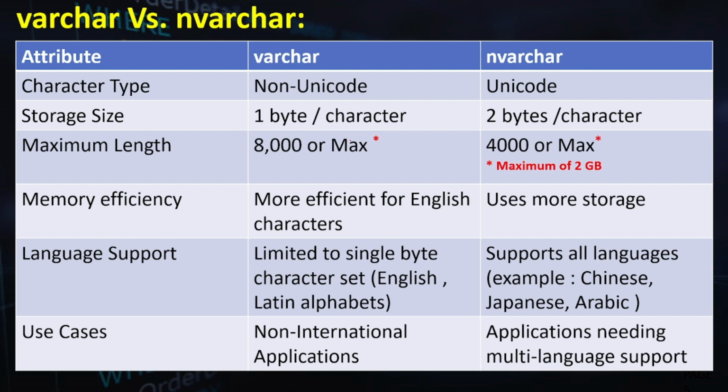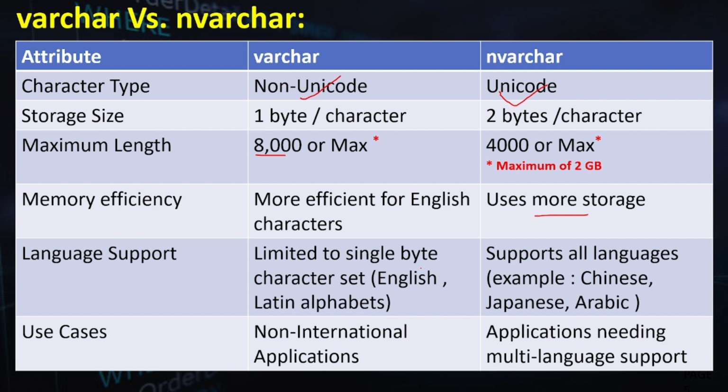Make sense? Let's go and explore the possible differences. The first is character type. varchar stores non-Unicode, mostly English and English-like, but nvarchar supports Unicode characters. Storage size: 1 byte per character is what varchar consumes, but nvarchar consumes 2 bytes for one character. Length can be a maximum of 8,000 or max, where max depends on 2 GB, and 4,000 is for nvarchar. Memory efficiency: varchar is more efficient because it consumes less space, but nvarchar uses more storage because for one character it consumes 2 bytes.